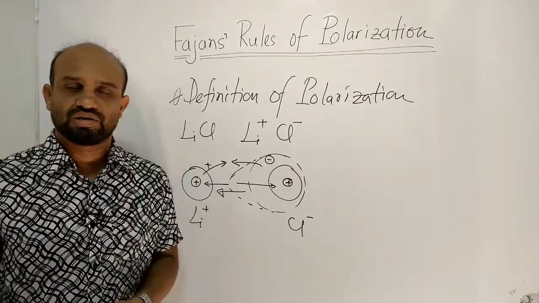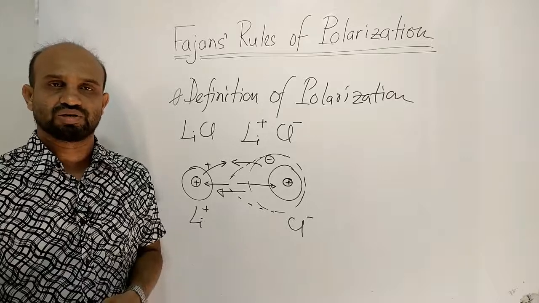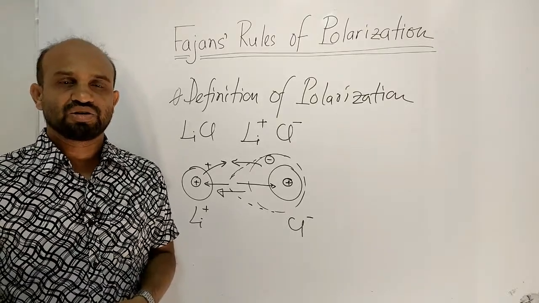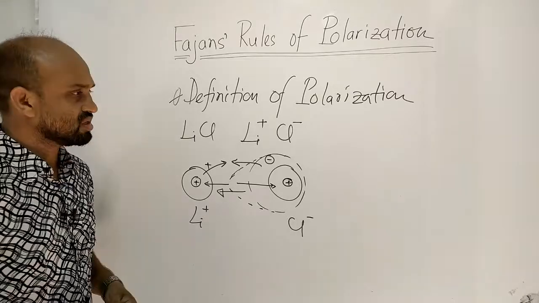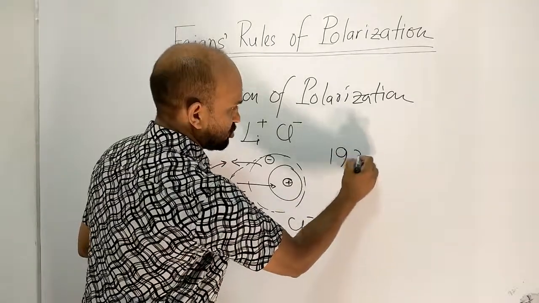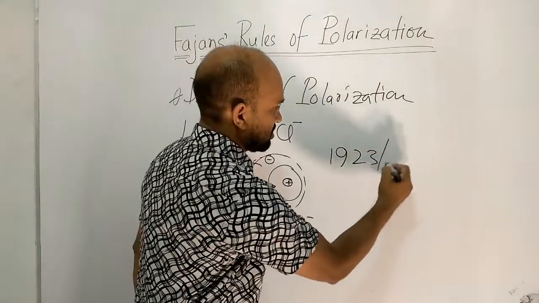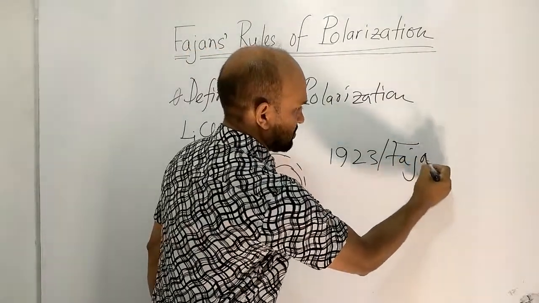Like lithium chloride, few ionic bonds have partial covalent characteristics, which were first discussed in the year 1923 by physical chemist Fajans.